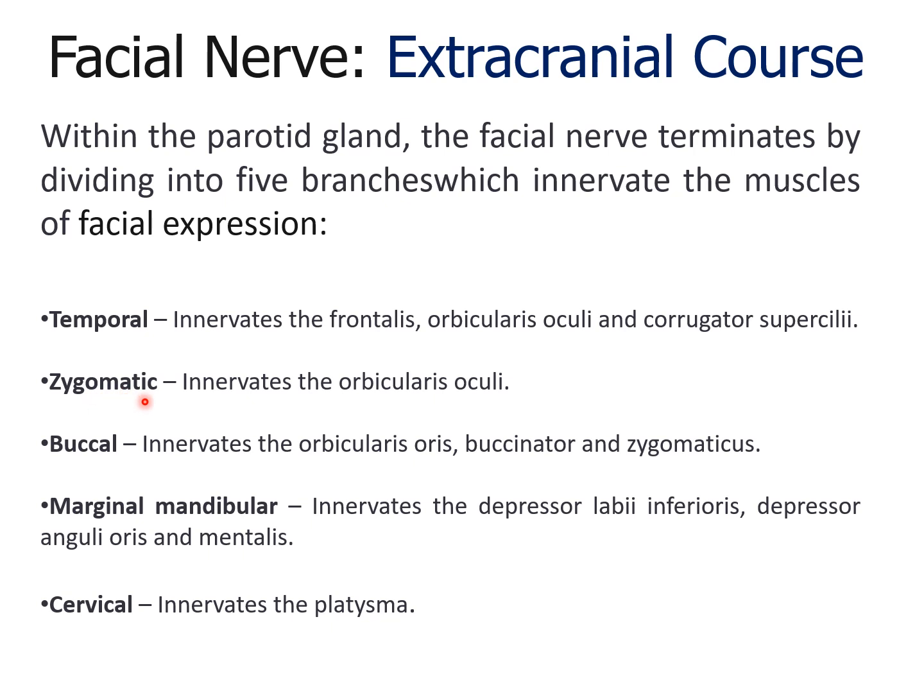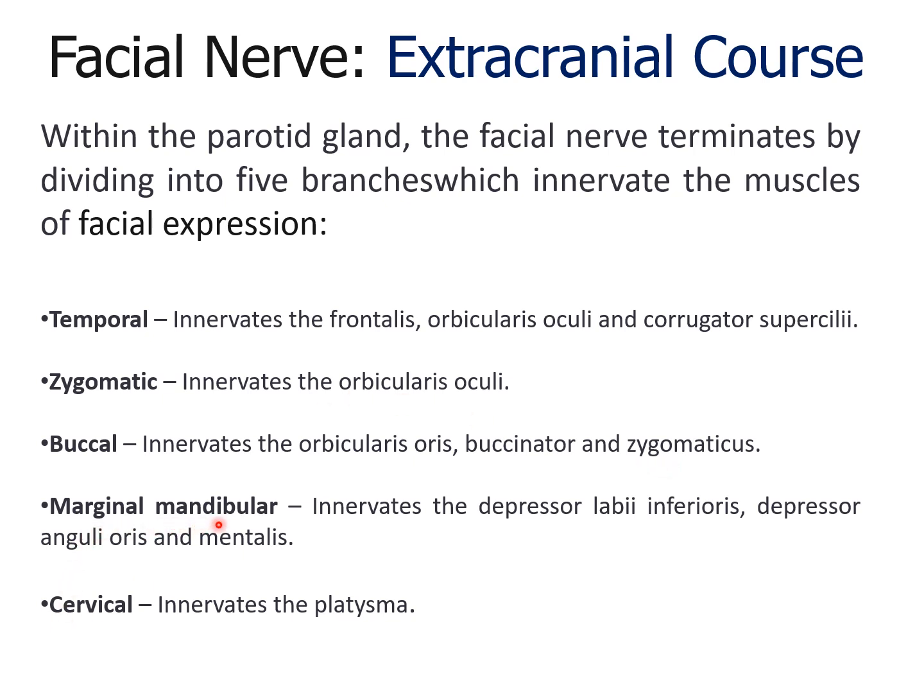The zygomatic branch innervates the orbicularis oculi and some other muscles such as the zygomaticus muscles. The buccal branch innervates the orbicularis oris, which is a muscle around the stomodeum or the mouth cavity, the buccinator, and the zygomaticus muscles.